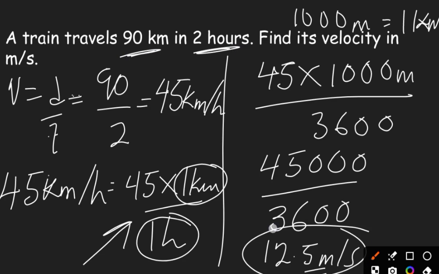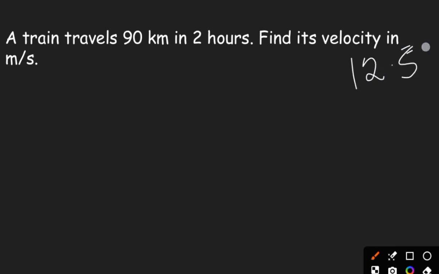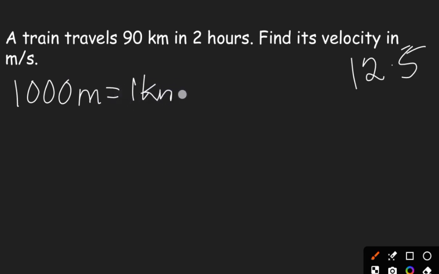So I mentioned another approach where you convert this to meters, this to seconds, and work it. So we know that our answer is what? 12.5. So let's expect 12.5. So converting 90 kilometers to meters. 1000 meters equals 1 kilometer. So 90 kilometers will be 90 times 1000. You're going to have 90,000 meters. Then 2 hours. 1 hour equals 3,600 seconds.